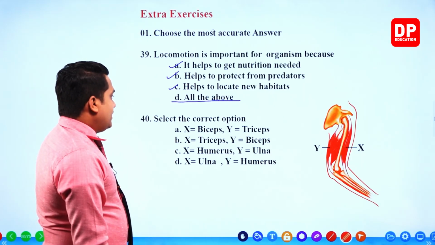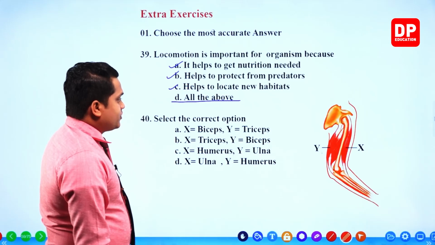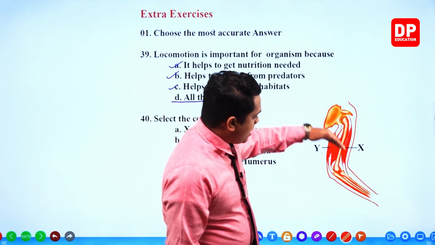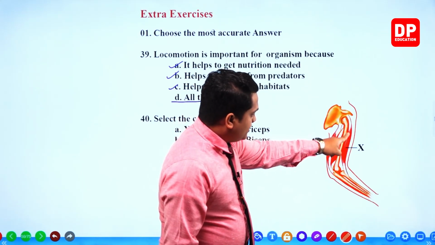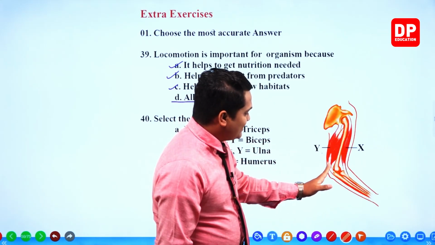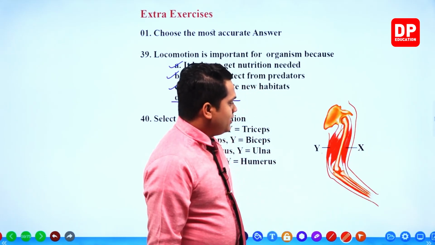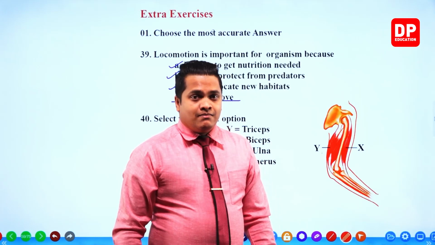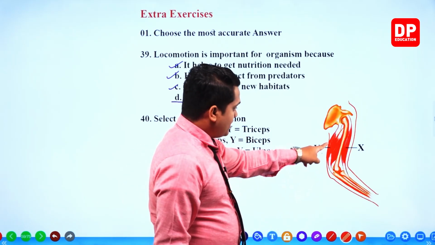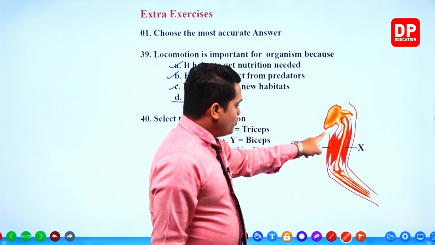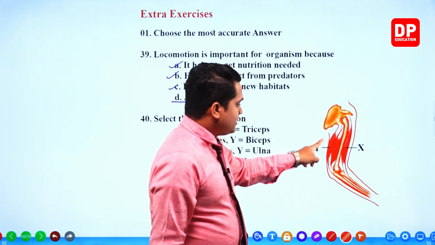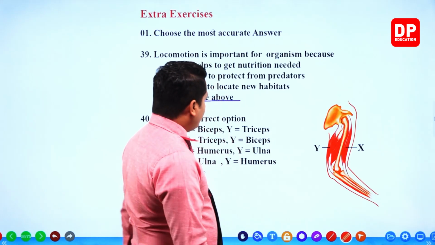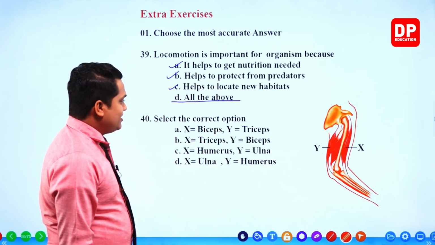Select the correct option. So you have to select the correct option. It's very simple, my dear children. An arm is given. This one, which is in front of the arm, the X, that's the bicep muscle. Below your arm, you can observe at Y, the tricep muscle. So you have to select the correct option here.